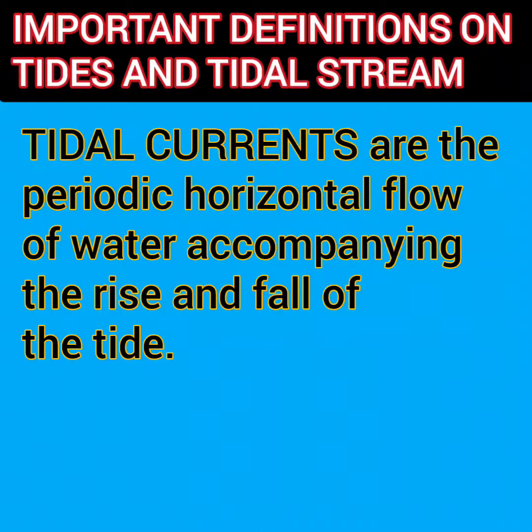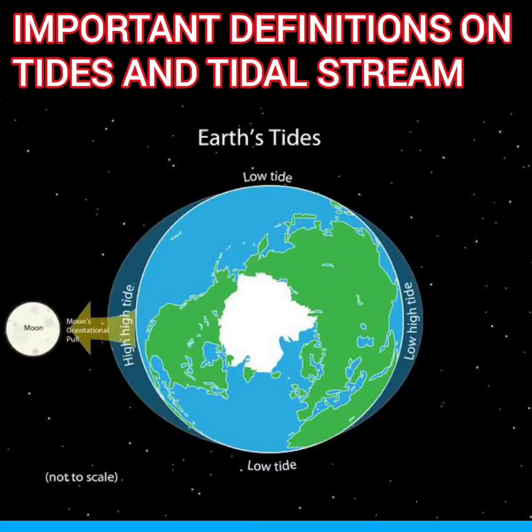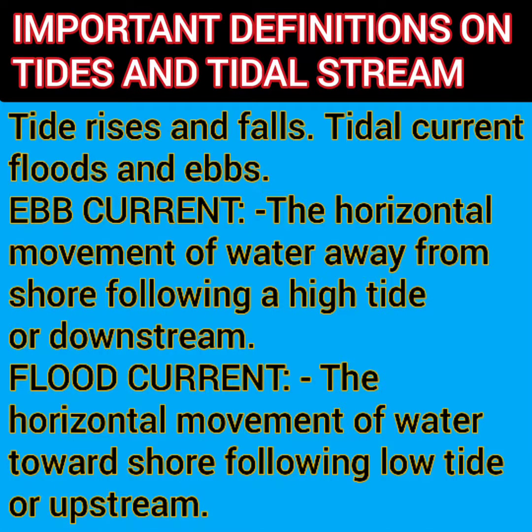Now let's talk about what are tidal currents or tidal stream. Tidal currents are the periodic horizontal flow of water accompanying the rise and fall of the tide. Obviously, when the water is rising and falling in certain places, that means there is water which is moving, and that is what is creating the tidal streams. Now, the term used for just tide is rise and fall.